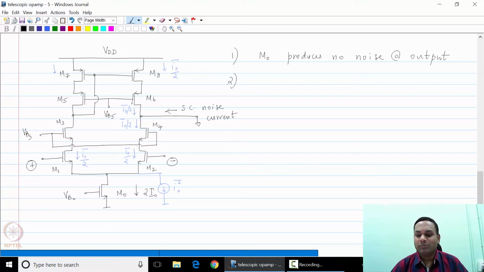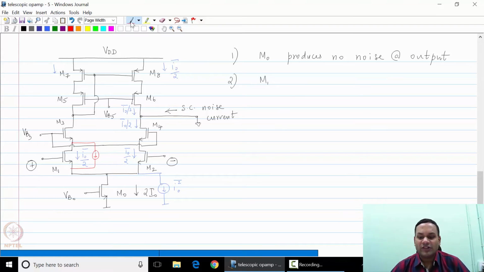Now what about M1 and M2? As far as noise of M1 is concerned, you will find that this current has 2 paths to split. So we will now use the same method as we did for the cascode device.